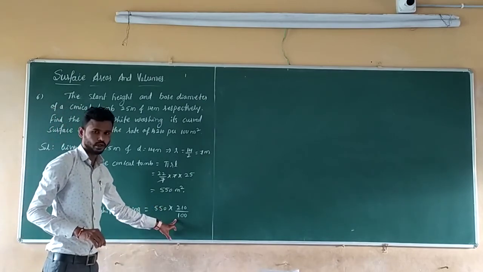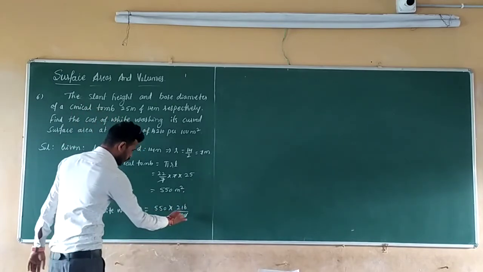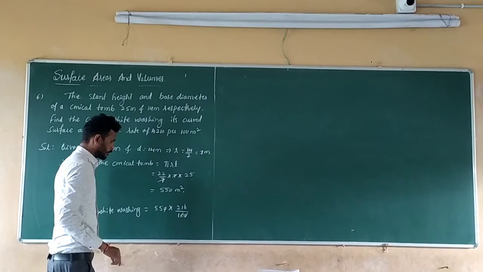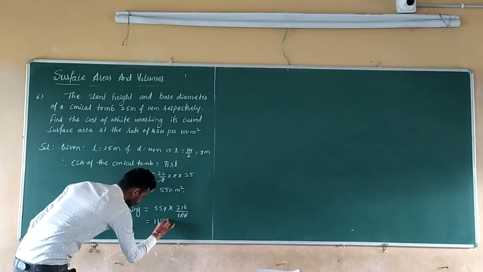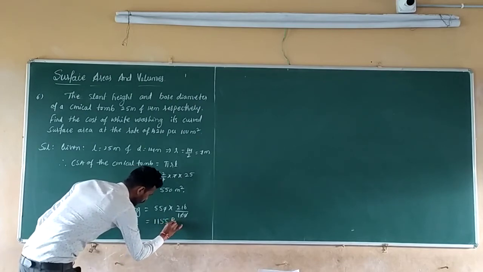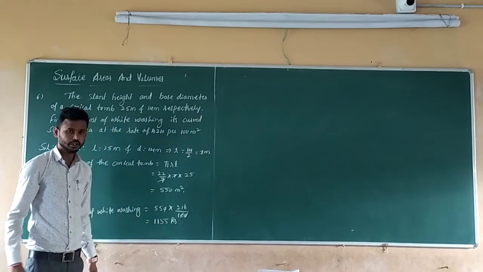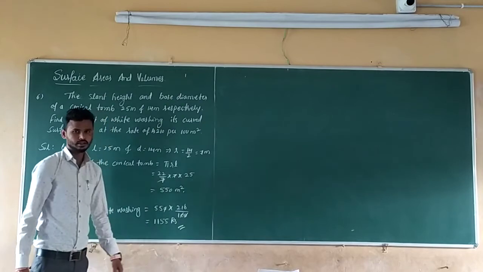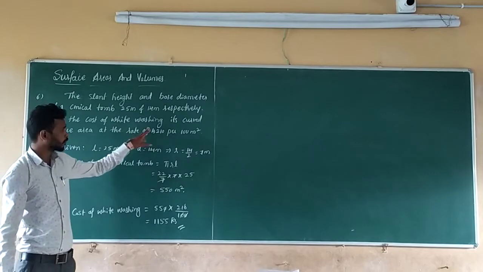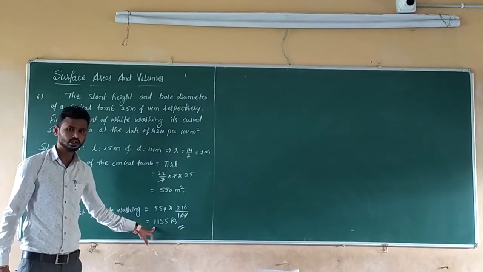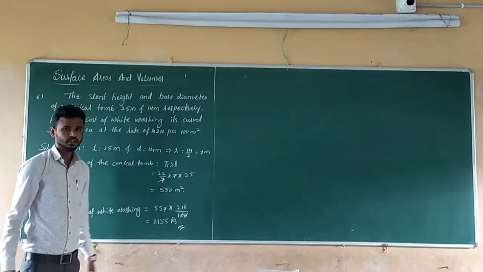So 210 divided by 100. So 10 gets cancelled. So 55 into 21. Multiply that, we get the answer, 1155 rupees. So the cost of whitewashing the CSA of the conical dome is 1155 rupees. And this is the solution of the sixth question.